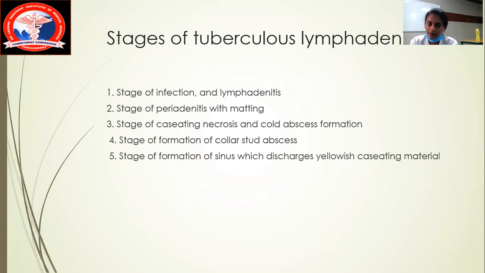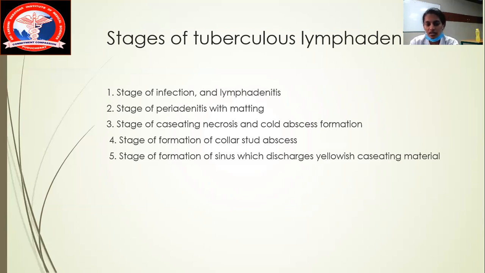The first stage is when a particular node gets infected in primary tuberculosis. After some time, when the node has been affected for a very long time, it leads to lymphadenitis. Then there is a stage of periadenitis with matting. Matting means 2 to 3 infected nodes clustered together.